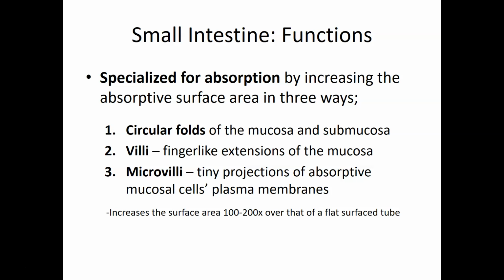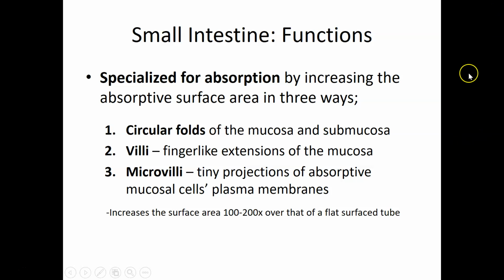An increased surface area makes more opportunity to make contact between the wall, the mucosal epithelium, and the chyme that's running through the small intestine. More opportunity for contact makes it more likely that those materials will be absorbed.